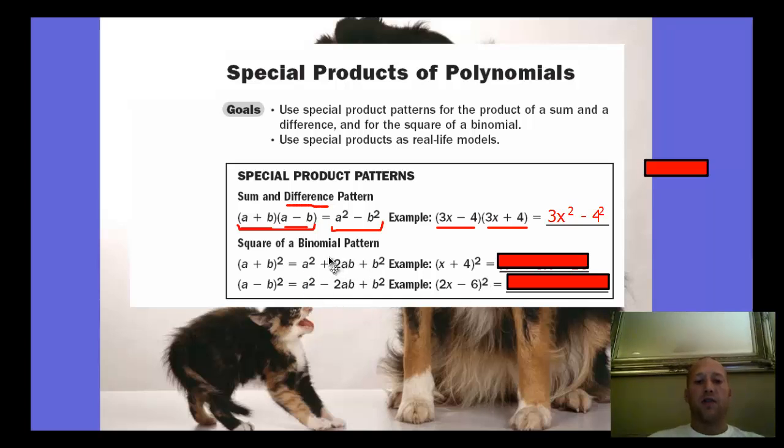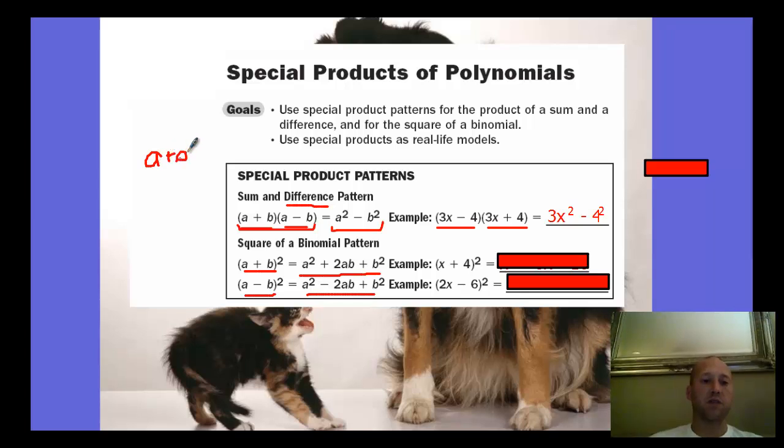The other kind of special product is when you're squaring a binomial, and that can be expanded. So a plus b squared or a minus b squared always gets expanded to this format, which isn't big to memorize, because you can always write this as a plus b times a plus b, and that's why I suggest students write that out.